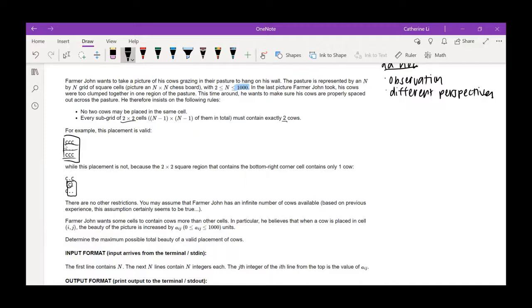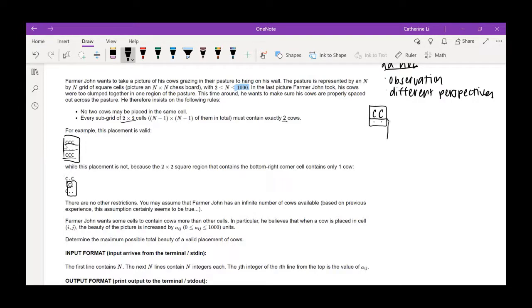So let's say we have two cows, or two dots, next to each other. We're basically just going to be looking at some cases. If we have two cows next to each other, then the spaces under the two cows have to both be dots, because this subgrid has to have exactly two cows.